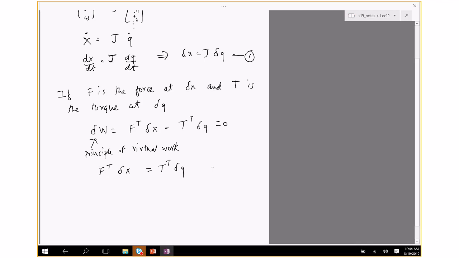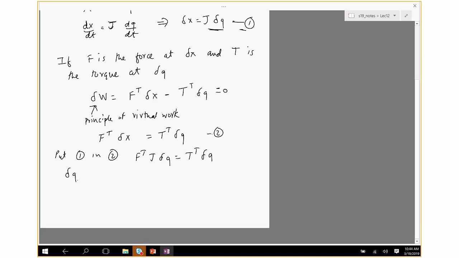equations 1 and 2. So what I can do is put 1 in 2. So F transpose delta x, where delta x is J delta q from 1 here, equals torque transpose delta q. But delta q is not equal to 0, so F transpose J equals torque transpose.